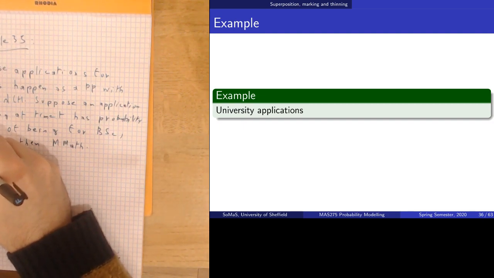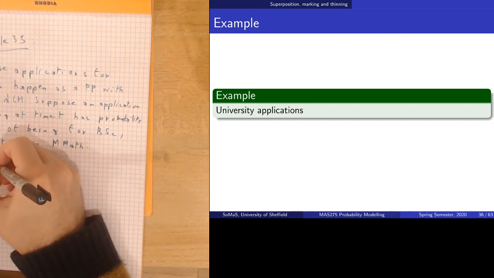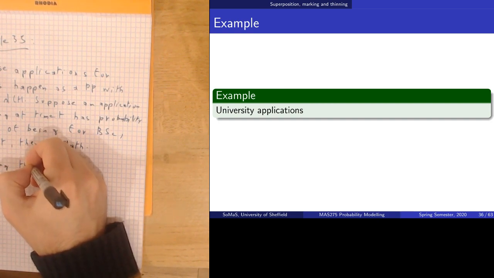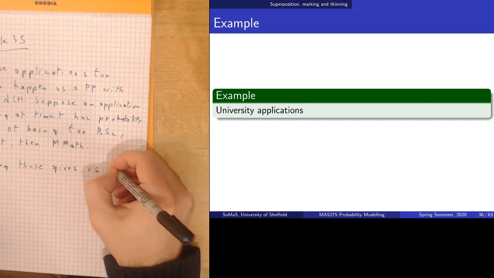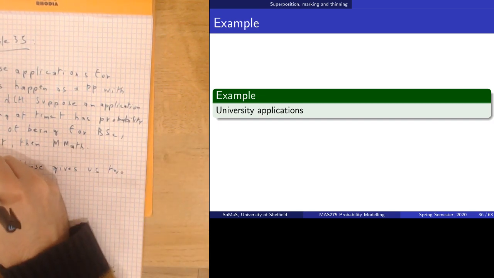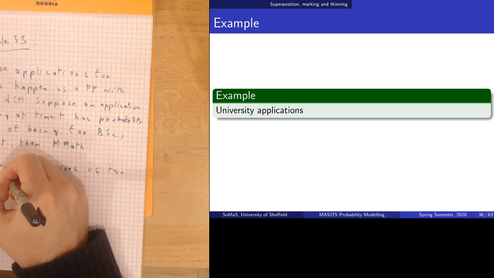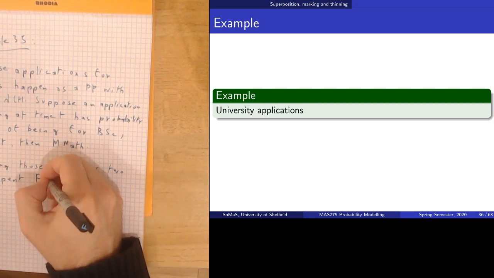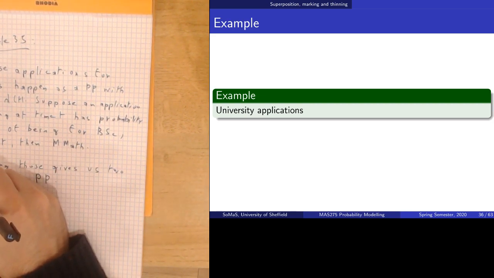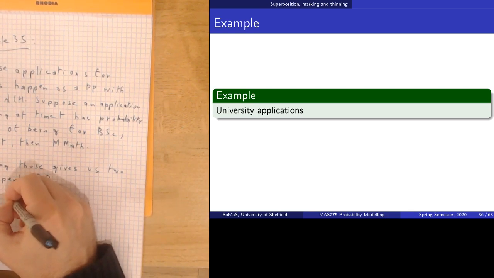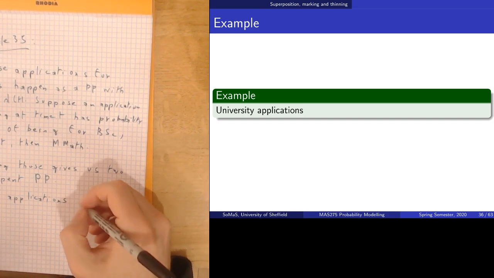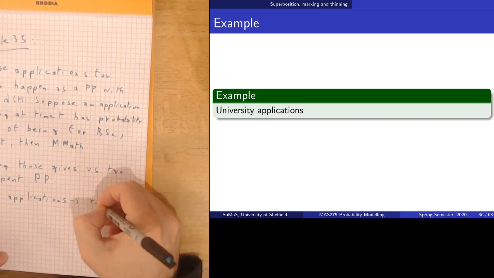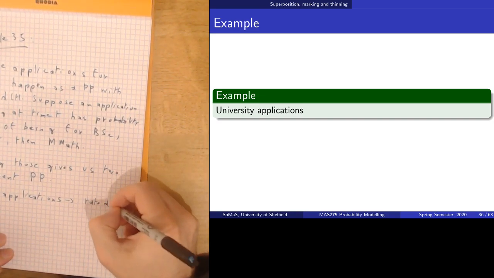Marking those gives us two independent Poisson processes. The process of BSc applications has rate lambda of t times p of t.